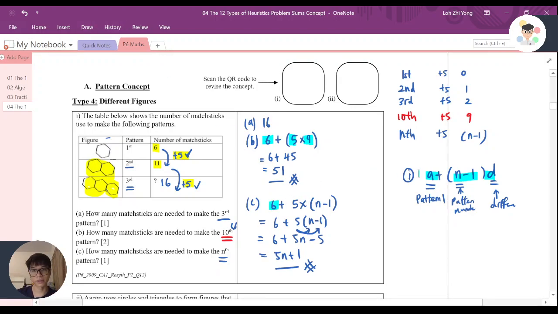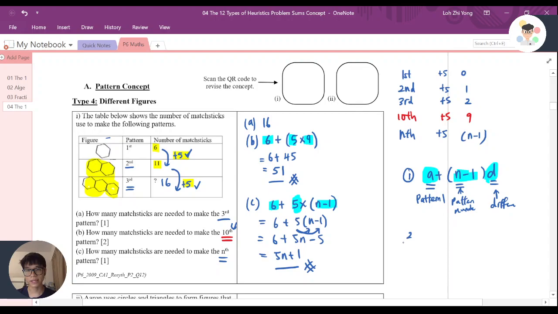Okay, 6 is the first term, 5 is the difference, and n minus 1 is n minus 1. So it's exactly what we're doing. Yeah, so basically every time if you know that it's increasing constantly, this is which we actually call arithmetic progression, arithmetic sequence. We also actually need to know this one. It'll be much easier. No need to think.